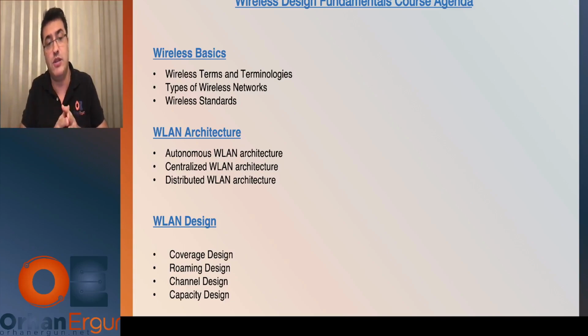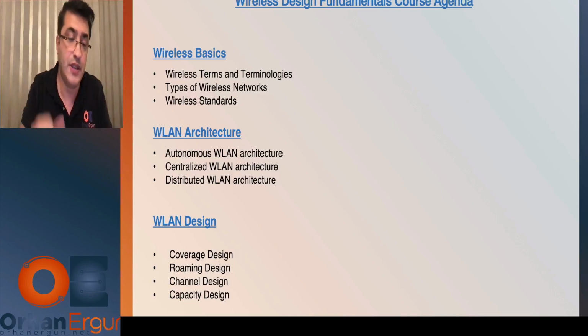But when we come to channel design, we will of course discuss it again, because co-channel interference and adjacent channel interference, these two inefficiencies, will affect the wireless design a lot. So we need to understand these things.